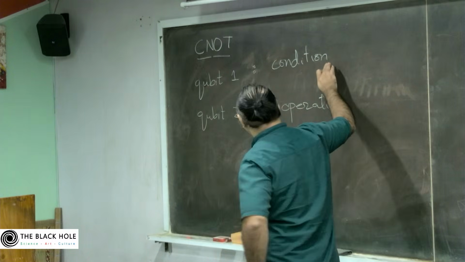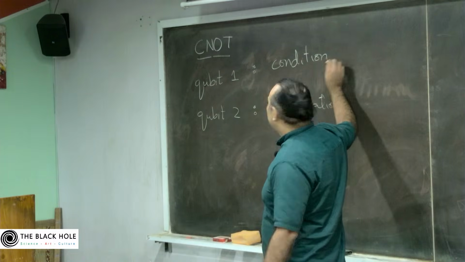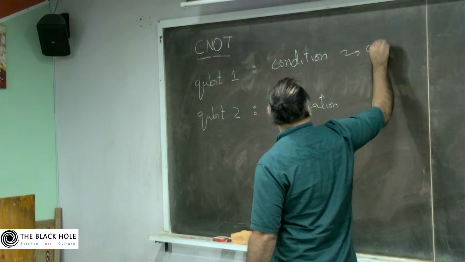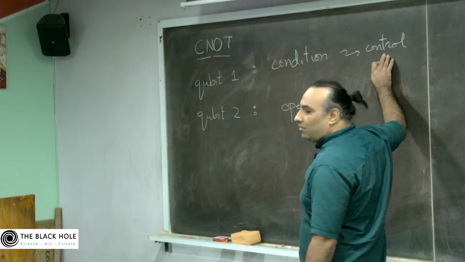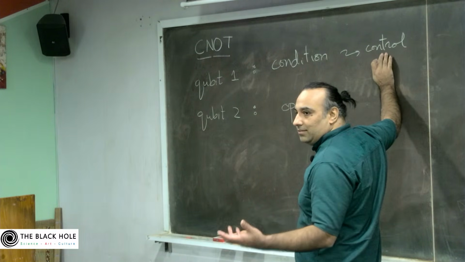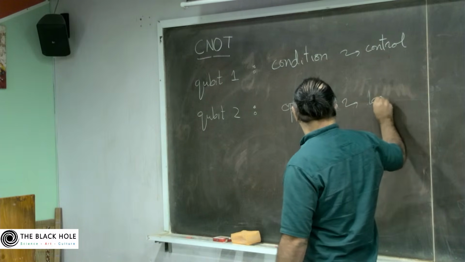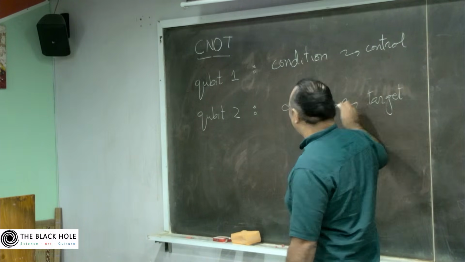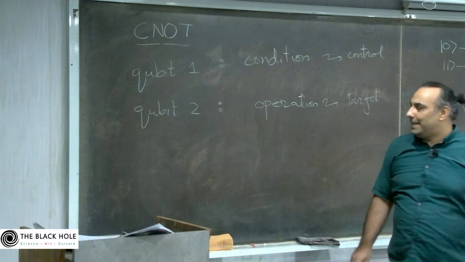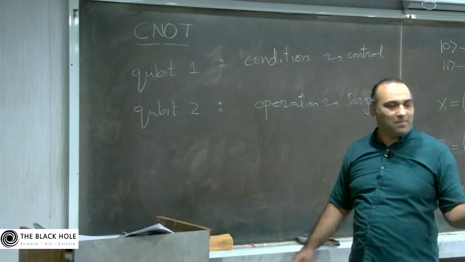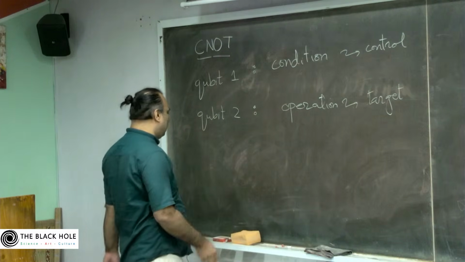This qubit that gives us the condition is called the control qubit, since it gives us the condition, and this is our target qubit where we'll be performing the operation. So that's the terminology in this case, and there are ways to represent this as well.